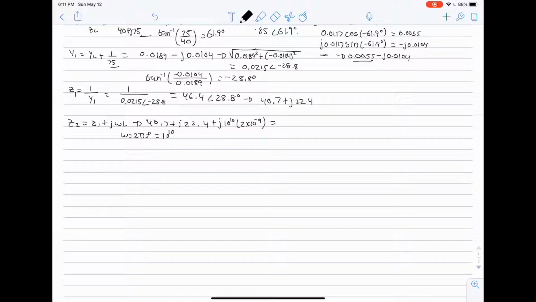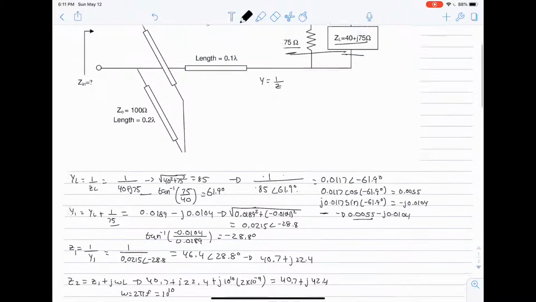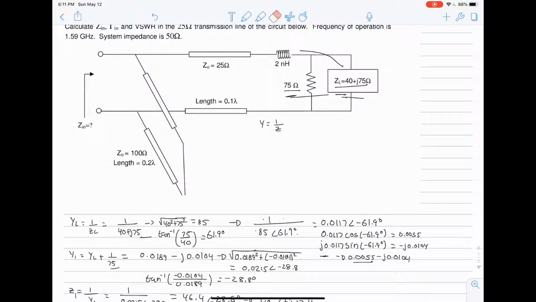And that would give us 40.7 plus J 42.4 for our Z2. And now we have the equivalent impedance of these three.